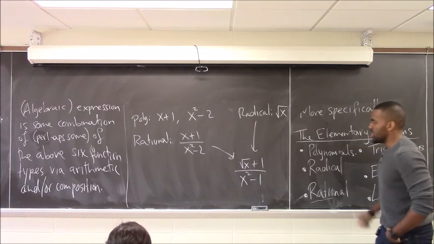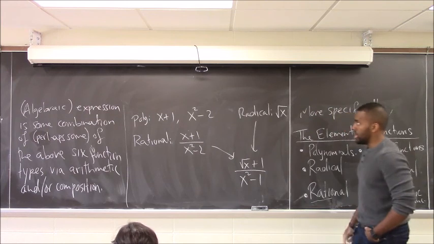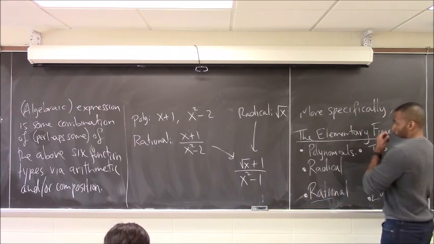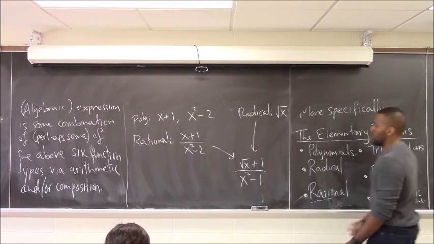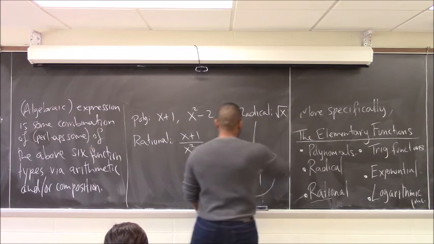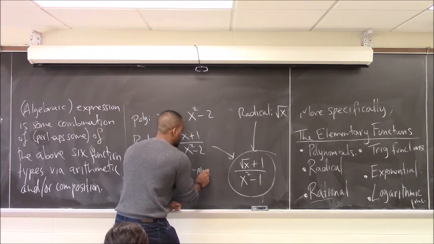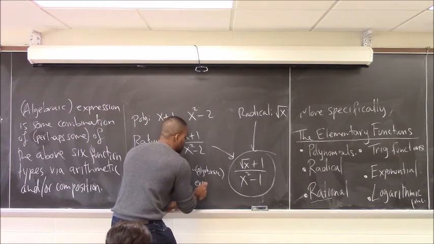Now, technically, that does not fit the definition of a polynomial, and it does not fit the definition of a rational function. It's something else entirely. However, it was created by combining 3 types, right? So this kind of expression is what we refer to as an algebraic expression. And sometimes we just leave it out and call it an expression.